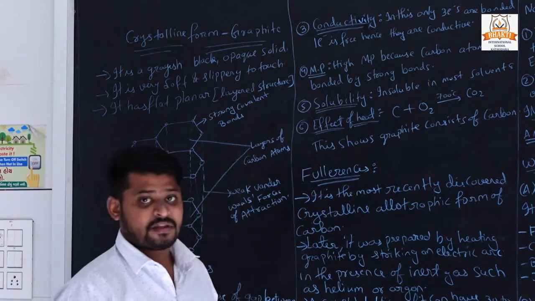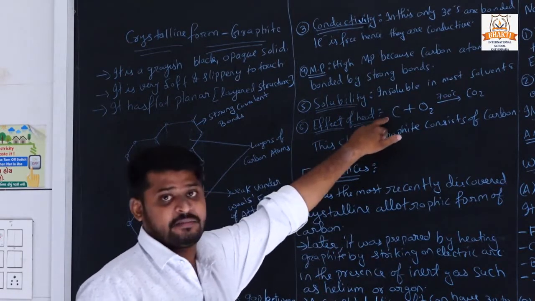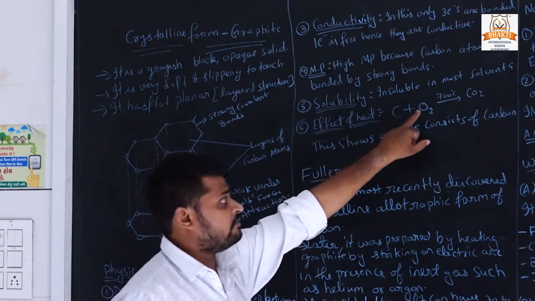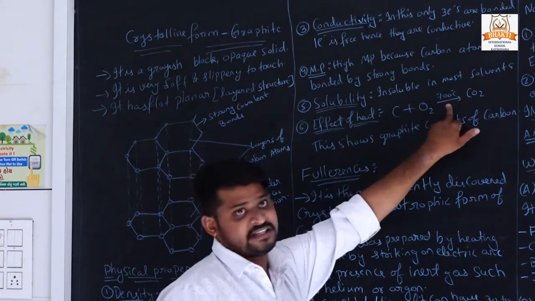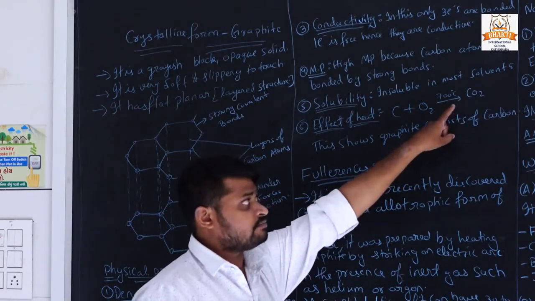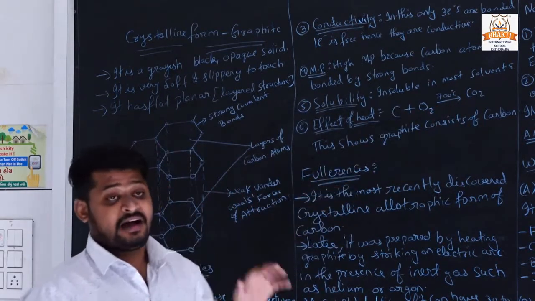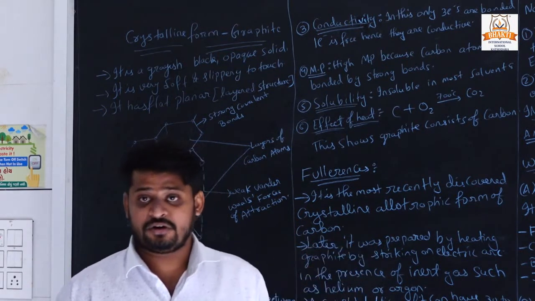Effect of heat. Here C means carbon, and here carbon is in the form of graphite. When graphite is burned, heated in the presence of oxygen at 700 degrees Celsius, it produces CO2. So how do we know that carbon is present in graphite?